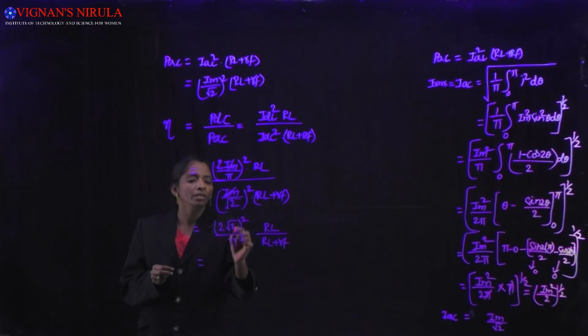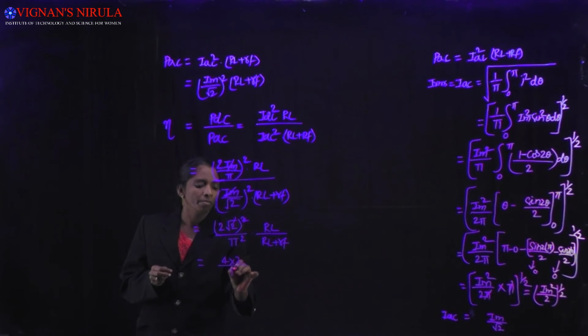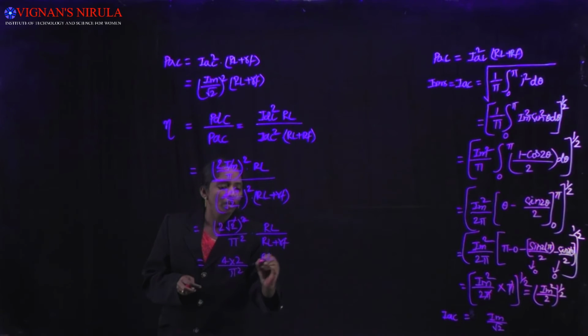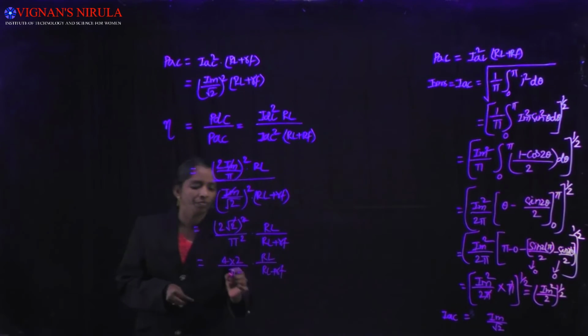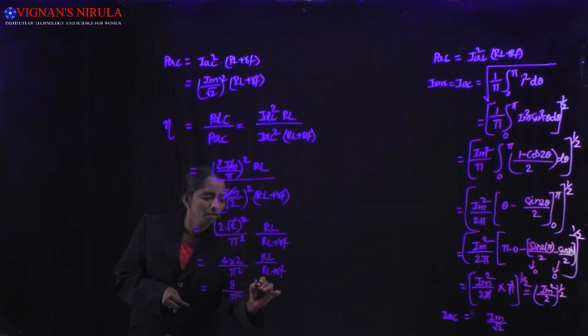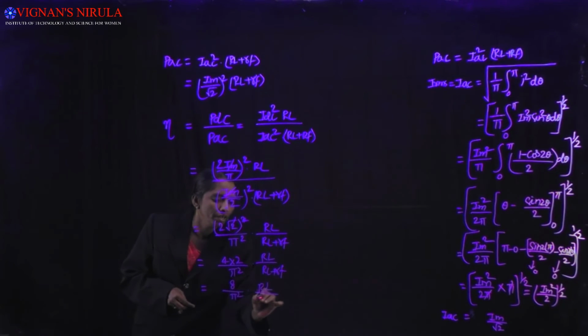This will become 2 into 4, 2 square gets cancelled, 4 into 2 divided by pi square into RL divided by RL plus RF. This value will become 8 by pi square into RL divided by RL plus RF.